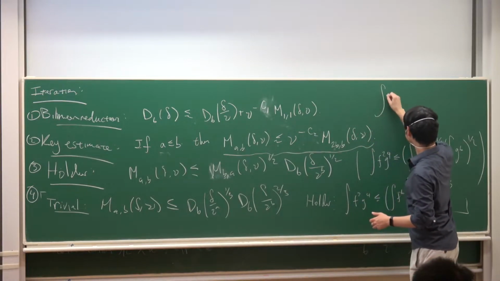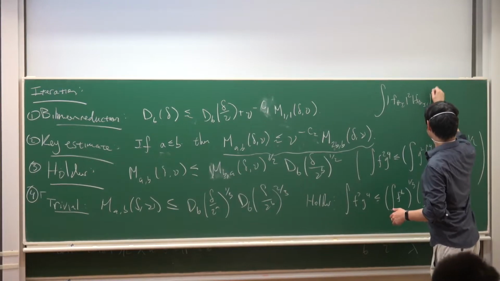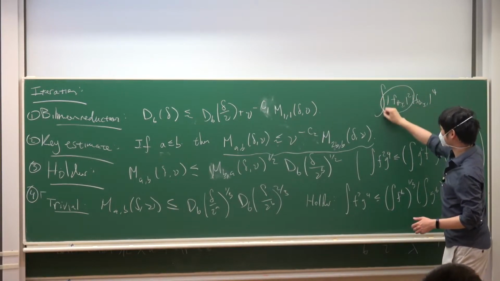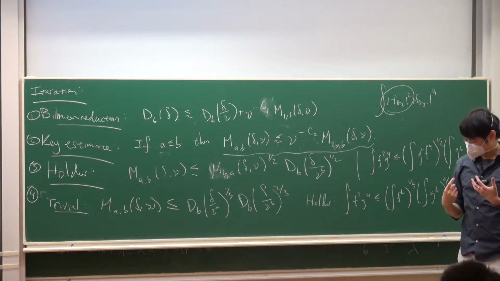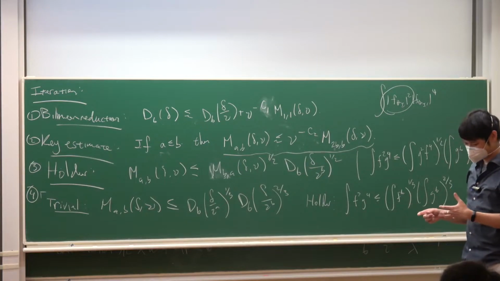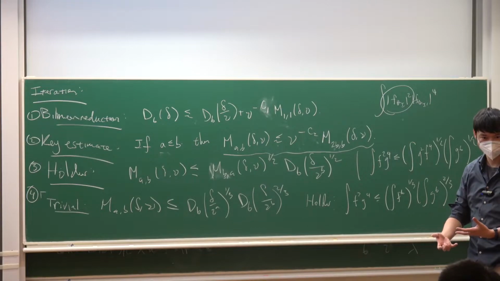This followed from a certain bilinear estimate where we decoupled the square using Plancherel, and this, in later language, is using information about the line, right?